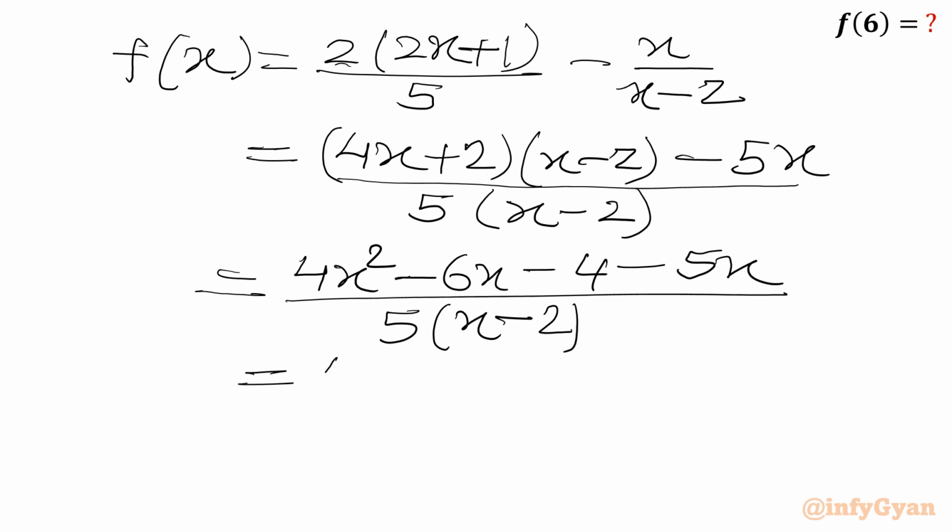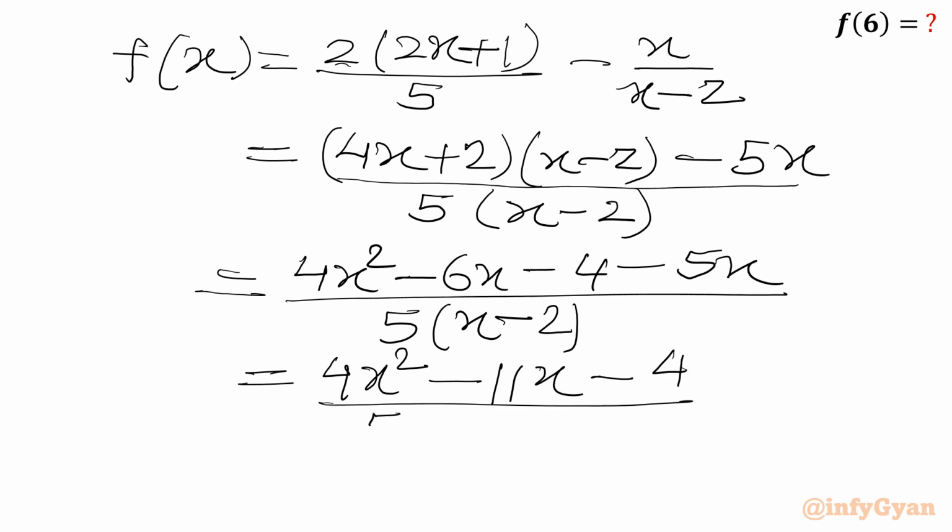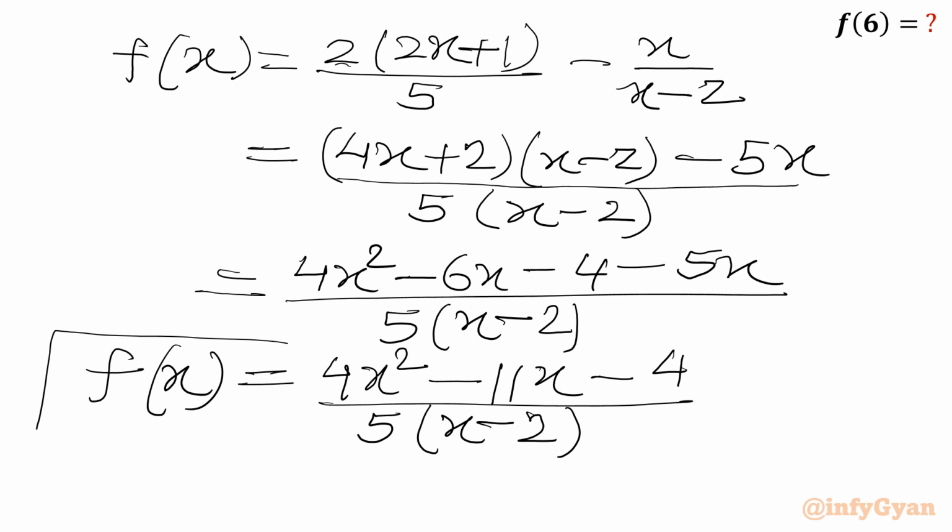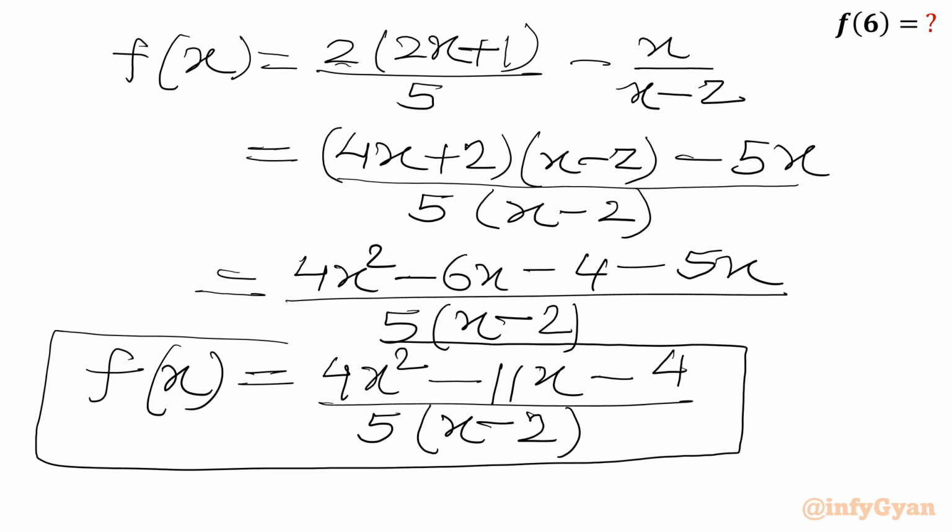Or we can write (4x squared minus 11x minus 4) divided by 5 times (x minus 2). So this will be our f of x, where x cannot be equal to 2.